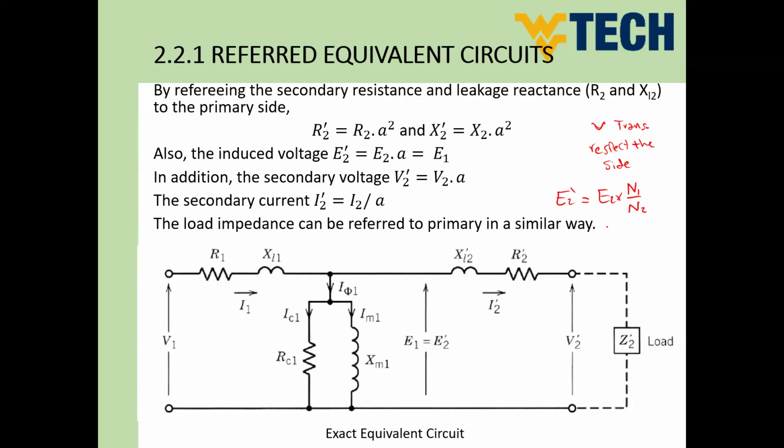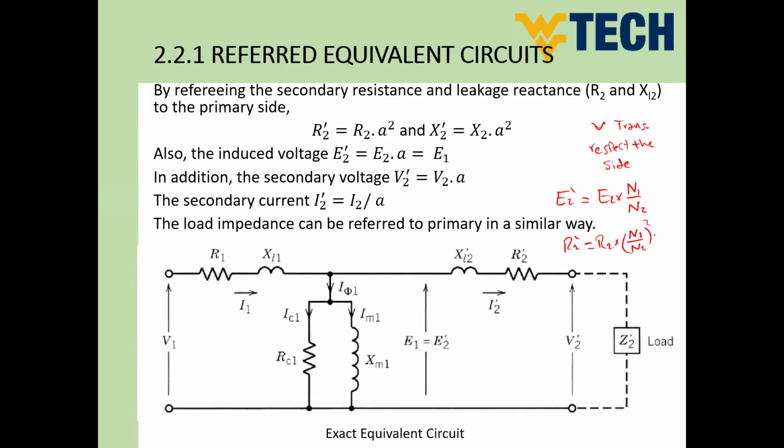The impedance will respect the ratio, but it's going to be ratio square because impedance is V divide I. So in this case, if you would like to get R2 prime as a function of R2, we can say R2 prime equals R2 times, since it will be transferred to the primary side and it respects also, we would start with N1 divide N2, and impedance is square.